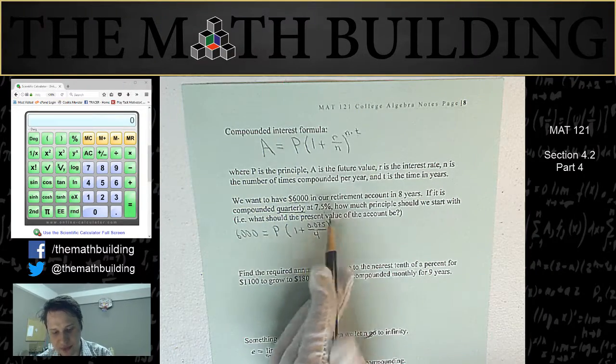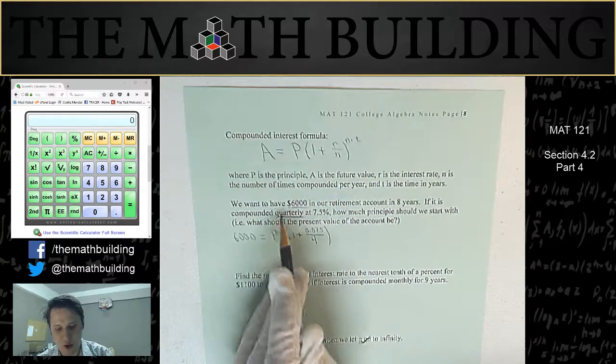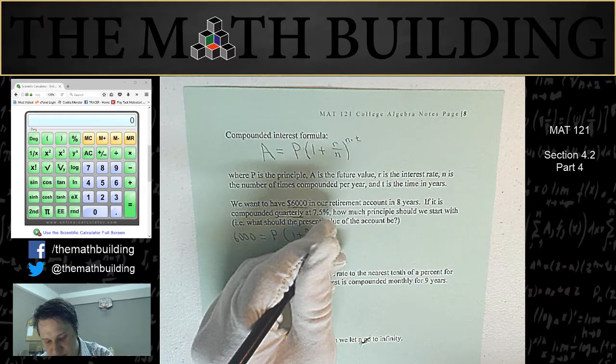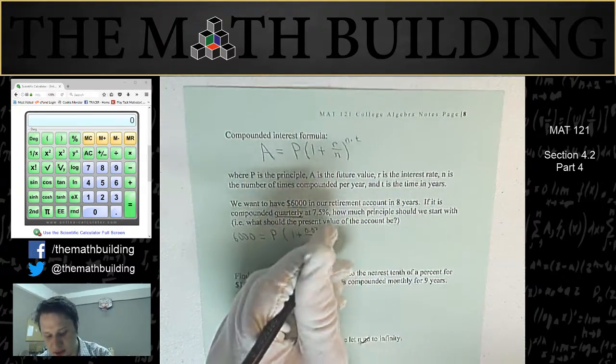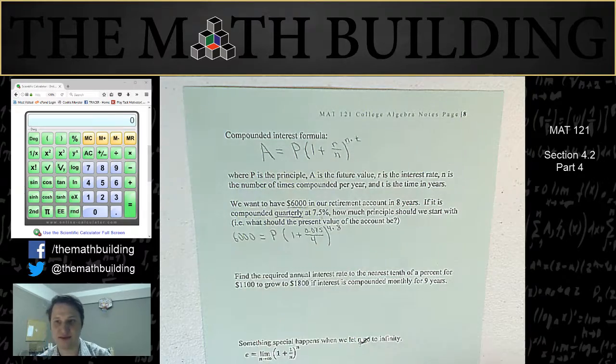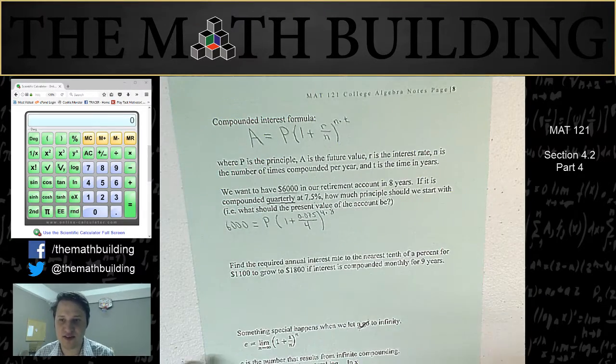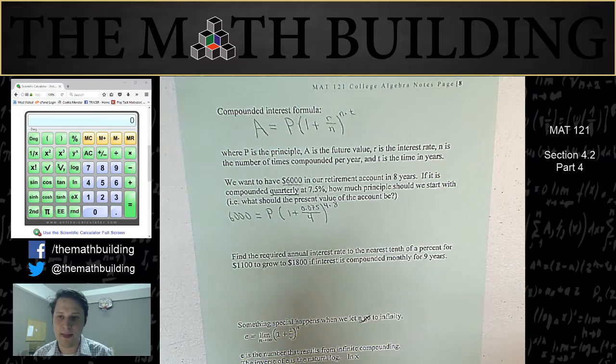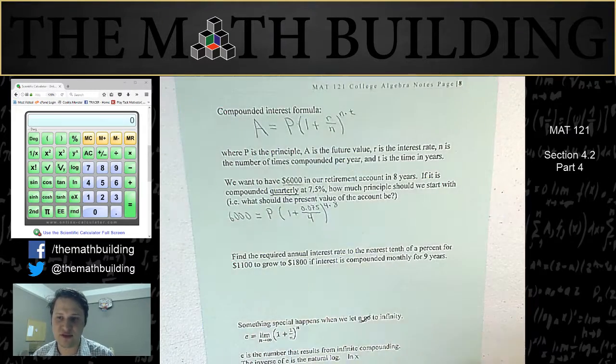What goes up here? We have n times t. We're compounding quarterly, so that's a 4, for 8 years, so that's an 8. So there you go. It's 6,000 equals P times (1 plus 0.075 divided by 4), all to the 4 times 8 power. It looks pretty bad, but as long as we have a calculator, we can calculate it pretty quickly.